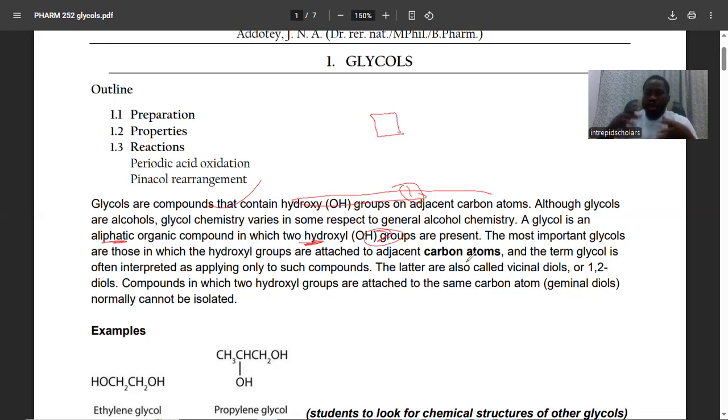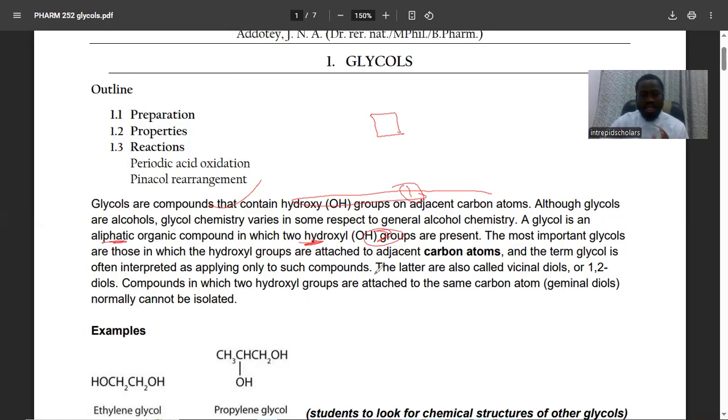And because the most important of the glycols always have the hydroxyl groups on adjacent carbons, that is how we define glycols. The first definition stands, but we can open it up. Just that the important ones in practice are the ones that have hydroxyl groups on adjacent carbons. Very important.